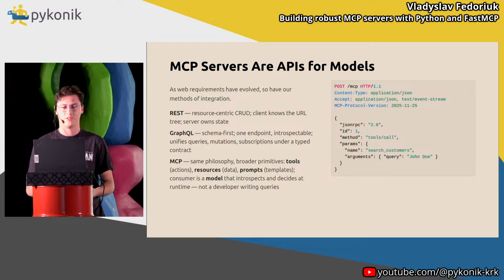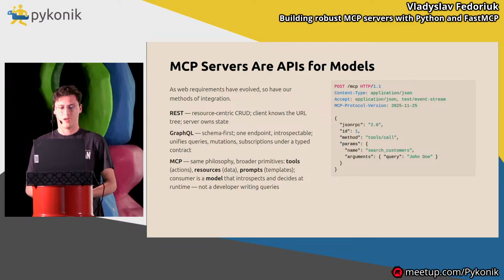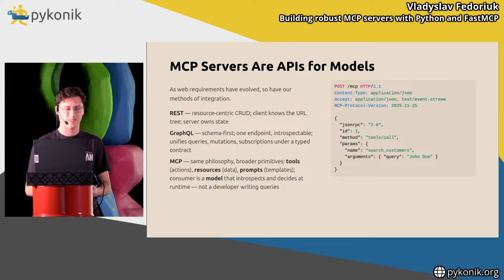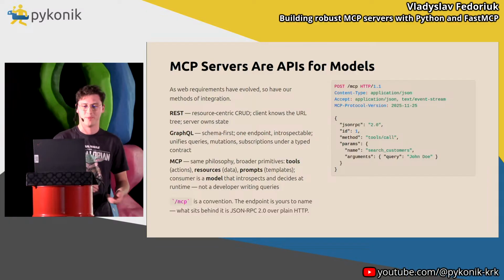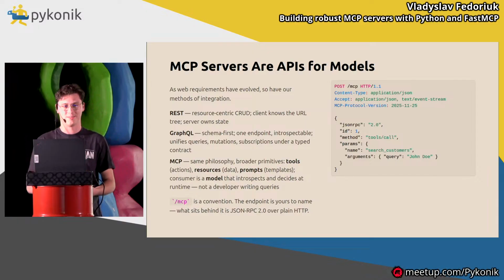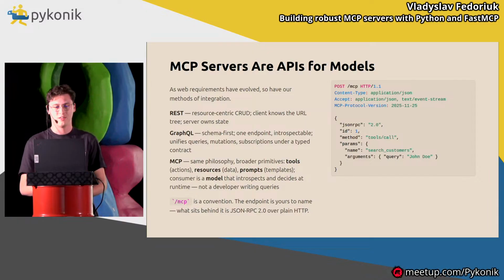But one thing changes significantly: there is no longer a developer who writes queries, writes an API client to interact with the server. There is a model which stands behind it, and I would say it changes quite significantly how we need to think about designing our APIs. Basically, there is no magic in MCP, and I could agree it's probably legacy, because under the hood it's plain HTTP, and you can use any HTTP client you may want to interact with any MCP server.